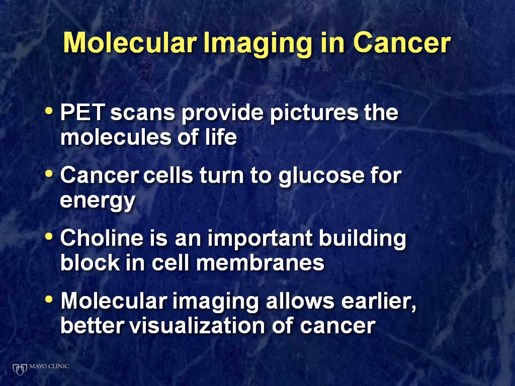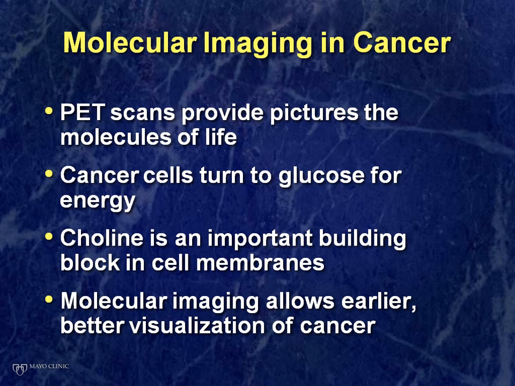So I'm going to close because I gave you a very brief sketch. So our PET scans provide molecular imaging pictures of those molecules of life. Simple molecules, maybe sometimes more advanced molecules, but it gives us a picture of what's going on. Yes, cancer cells turn to glucose for energy, and we can use that in our traditional PET imaging to find many of the cancers.